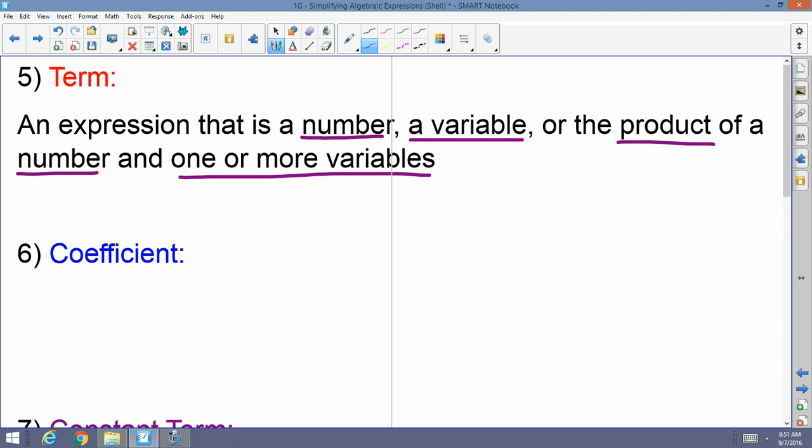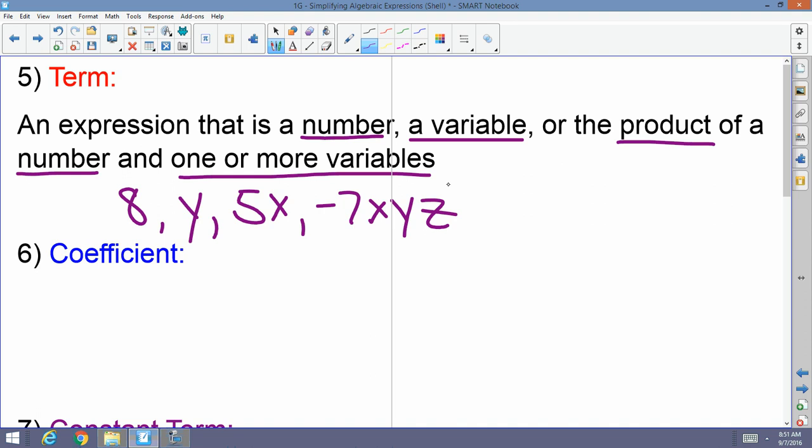So a term is a number like 8, a variable like y, or the product of a number and one or more variables like 5x or -7xyz squared. Okay, all of those are terms. It's a number, a variable, or the product of numbers or variables. Very, very important.